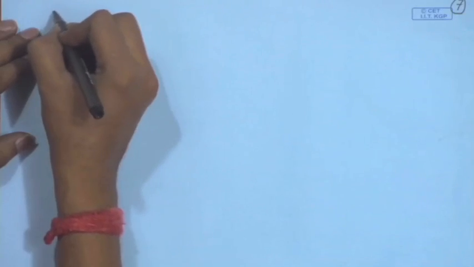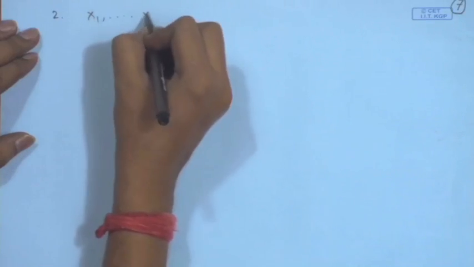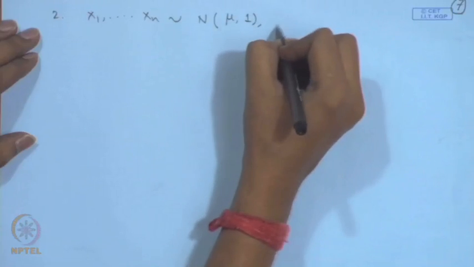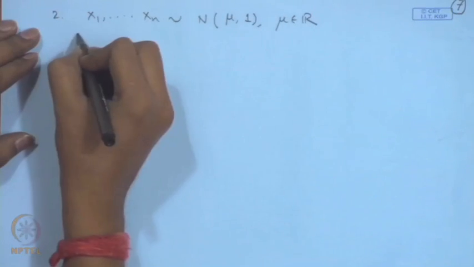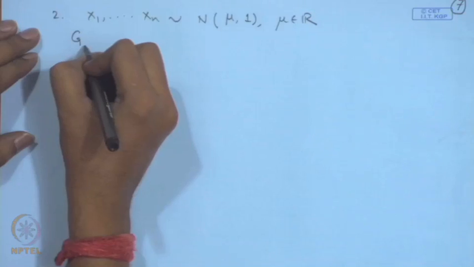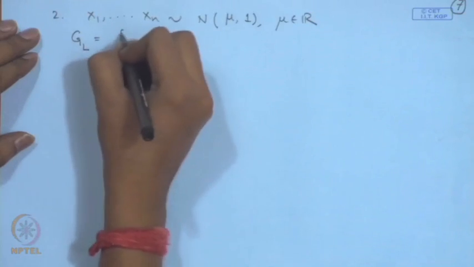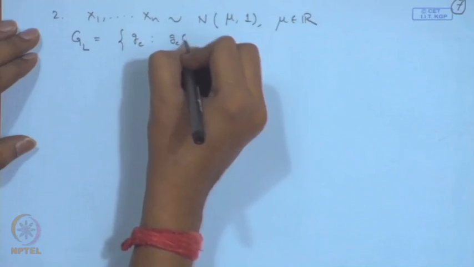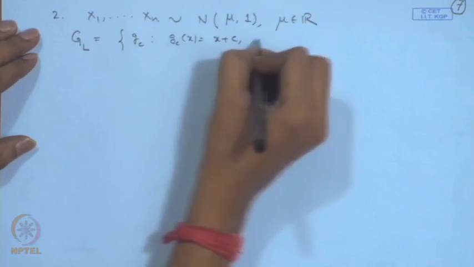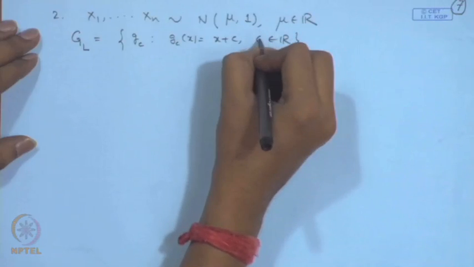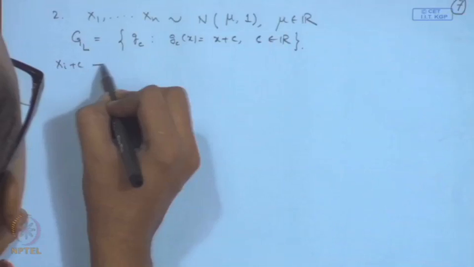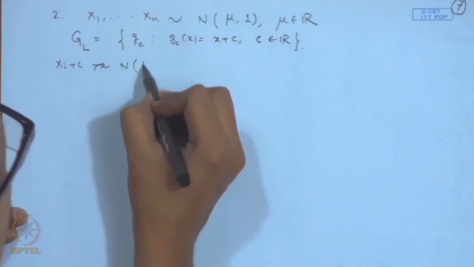Let us take the normal distribution case. X1, X2, ..., Xn follow normal(μ, 1), where μ is a real number. We consider the group of translations or the location transformations g_c(x) = x + c, where c is any real number. Now, you observe here that Xi + c will follow normal(μ + c, 1).